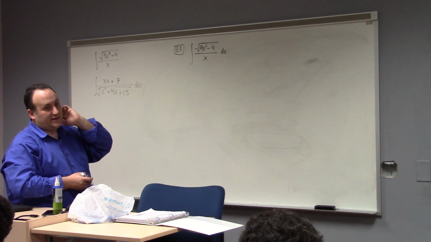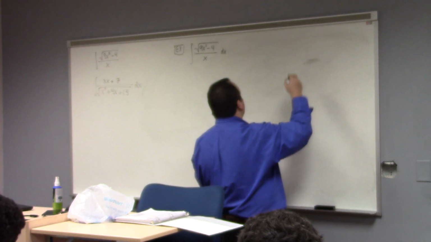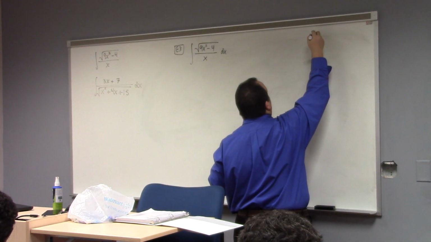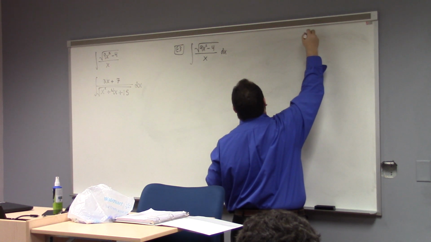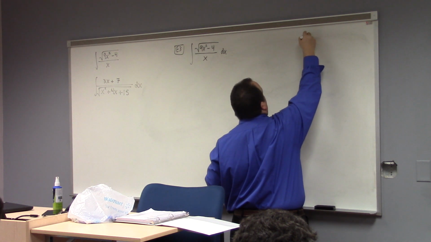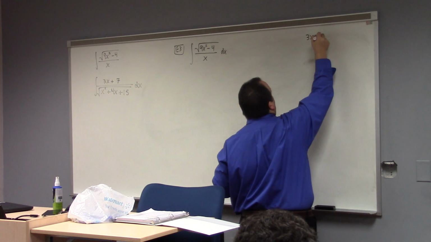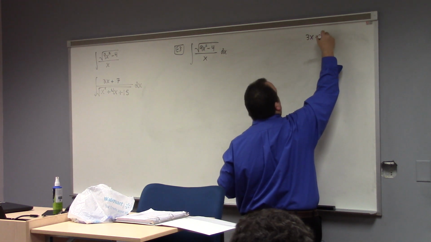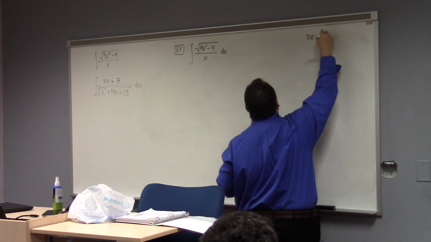Which should we make here? What do you guys think? Secant theta? Let's see here. So what secant theta equal to, what are we talking about here? 3x equals to what? Secant theta? 4 secant theta? 2 secant theta?